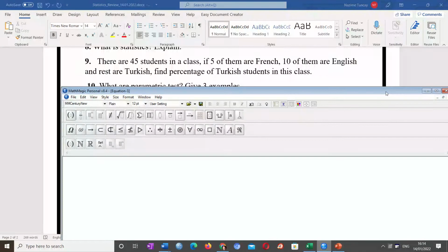So we have 45 students in this class, 5 French, and 10 English, and the rest are Turkish. So how many Turkish? 30 Turkish. The rest, 45 minus 15, is Turkish students.